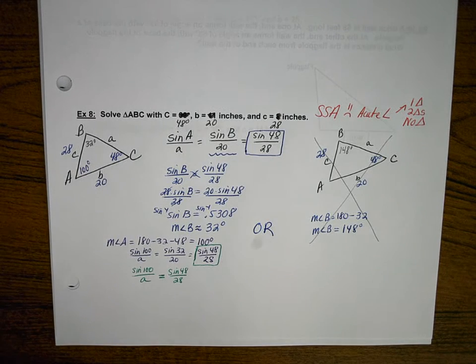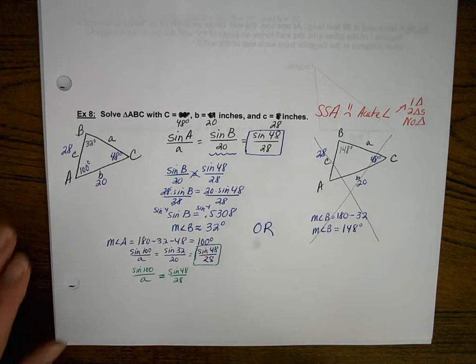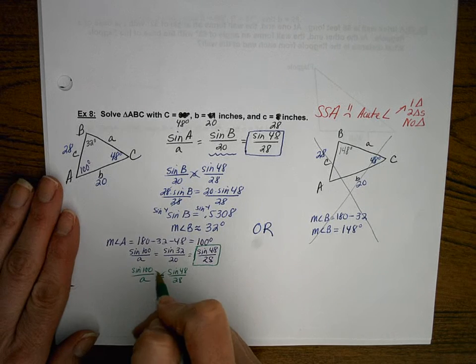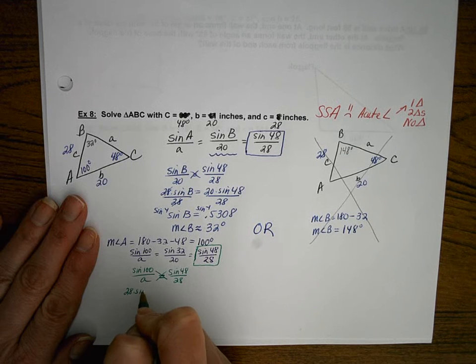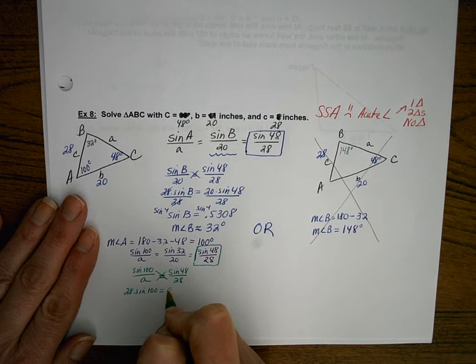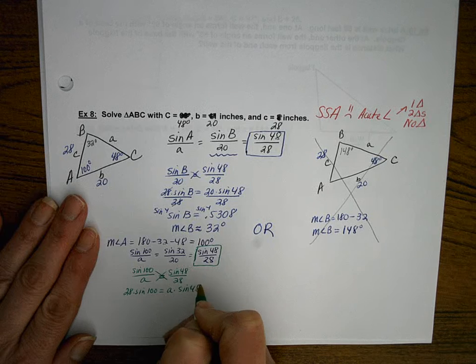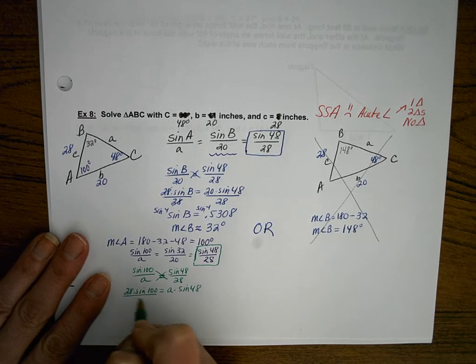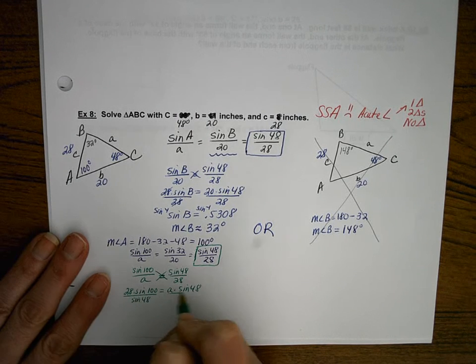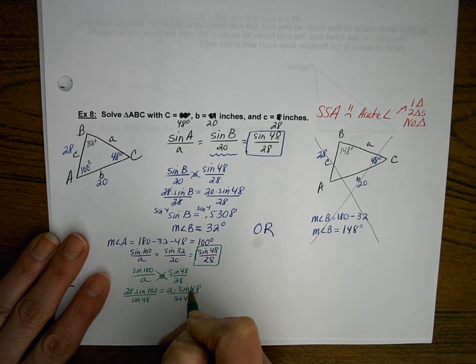All right, Zeno, what do I do to find that little a? Cross multiply. Very nice. So I put my x there in the middle, cross multiply. 28 times the sine of 100 is equal to little a times the sine of 48. Looking good. Karina, where do we go from here? Divide each side by the sine of 48. Okay, so that's going to cancel.